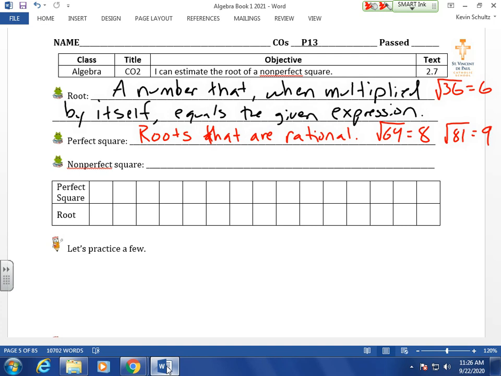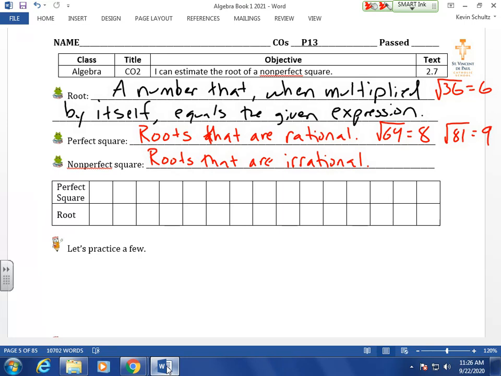Okay? Perfect square. So a non-perfect square has roots that are going to be irrational. Okay? Roots that are irrational. There are going to be decimals that go on and on and on and on, don't repeat.